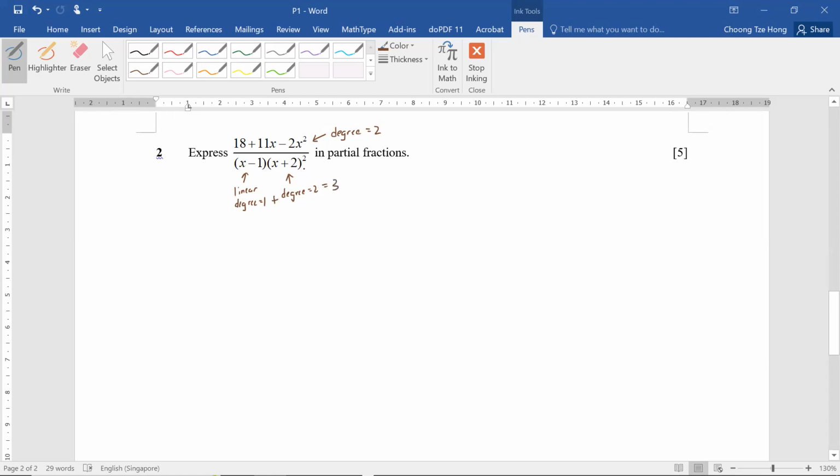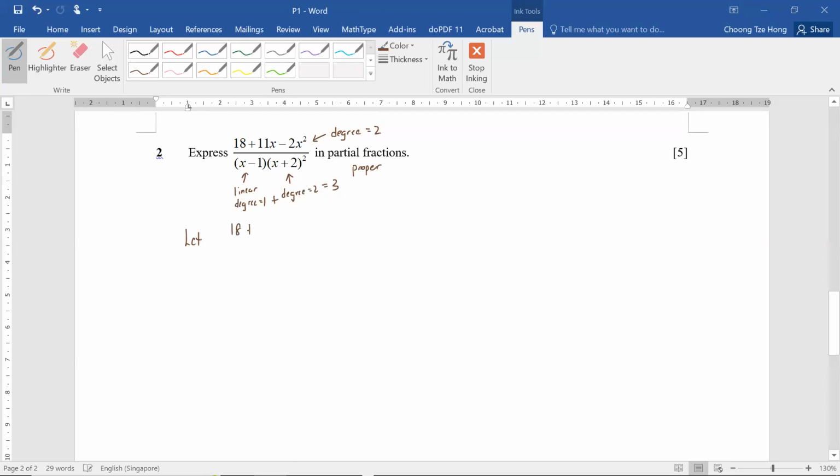Since the degree of the denominator is greater than the degree of the numerator, this is a proper fraction, so we don't need to do a long division first. We can go ahead and break this up into its partial fractions, then find the constants A, B, and C. Let's begin.